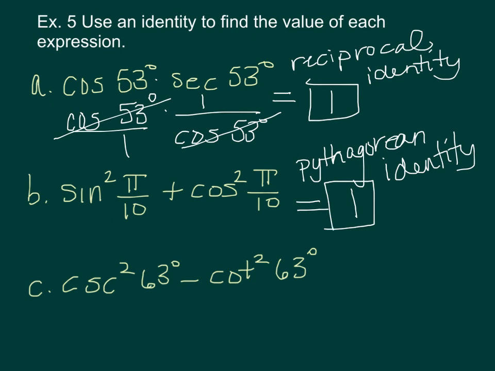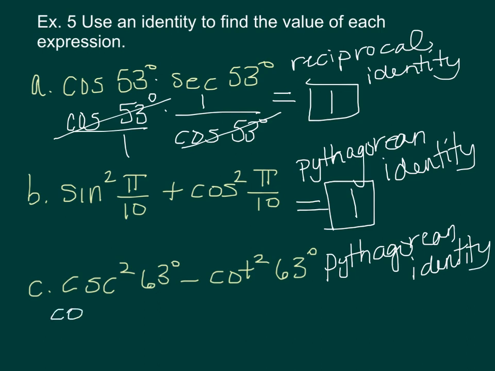And then C, cosine squared 63 minus cotangent 63. Well, this looks similar to my Pythagorean identity again. But the difference is it has subtraction. So let's look at our identity.